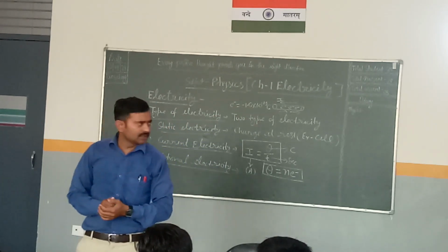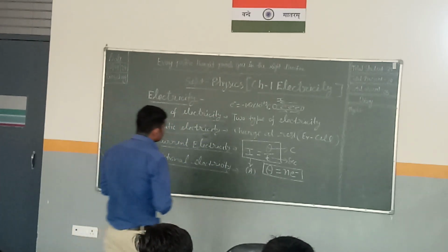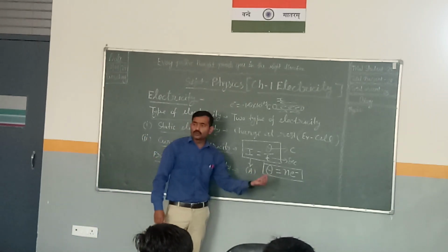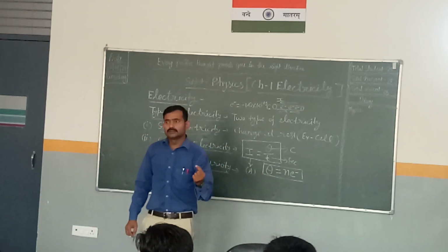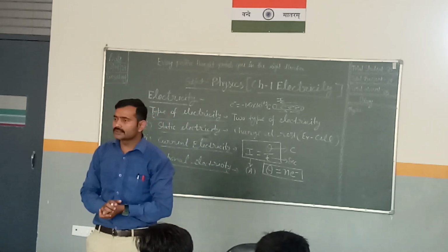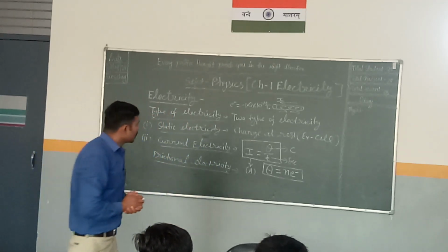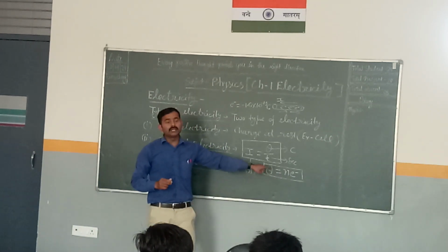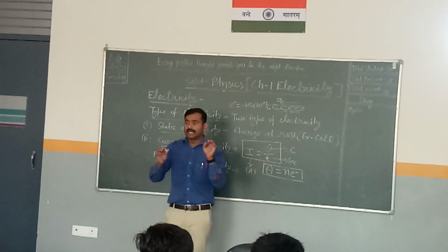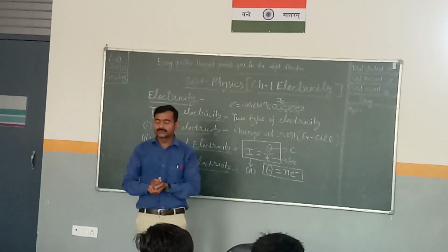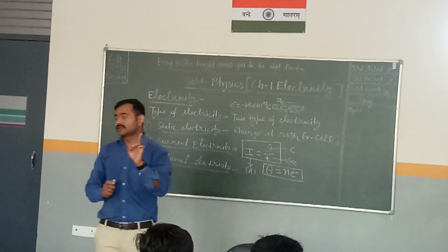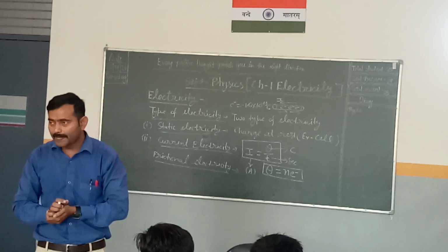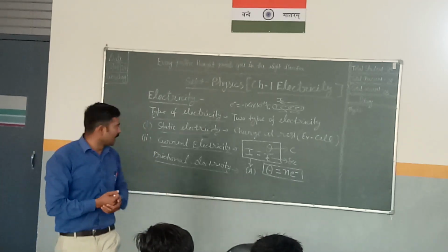Last year I think one question was asked by the board from here. In that question, the number of electrons was asked: in 1 coulomb of charge, how many electrons were there? How will I find out?